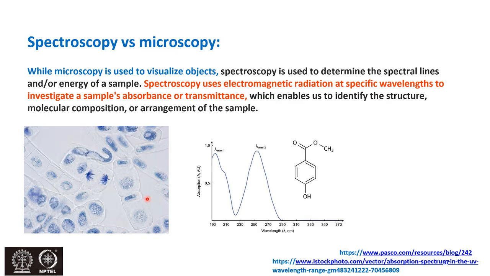The common difference between spectroscopy and microscopy is that microscopy is used when we want to visualize the object. It gives us a visual representation of our object or material. However, spectroscopy gives us an idea about the structure, composition, or arrangement of the sample. That is the basic difference between microscopy and spectroscopy.